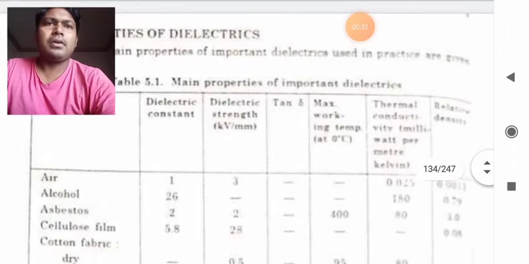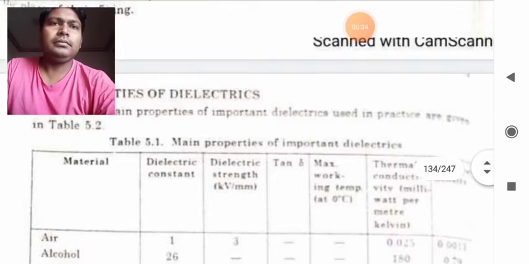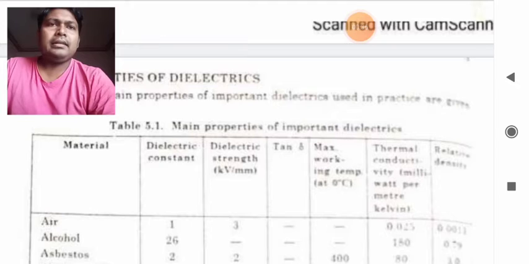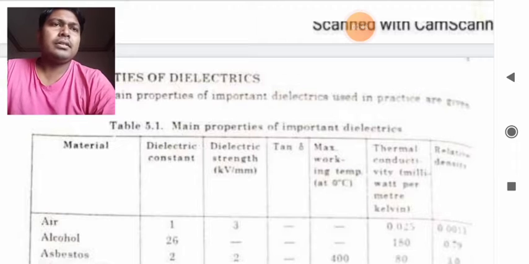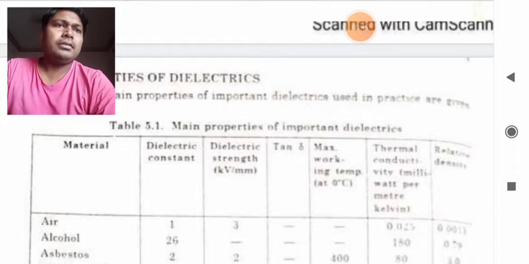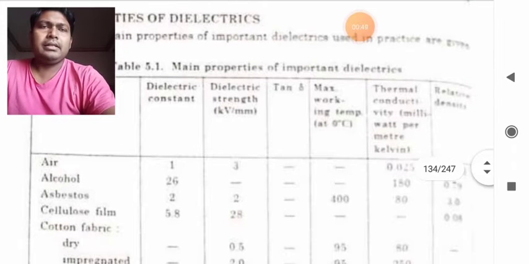Let us consider now. The material, dielectric constant, dielectric strength, tan delta, maximum working temperature, thermal conductivity, and relative density are given.